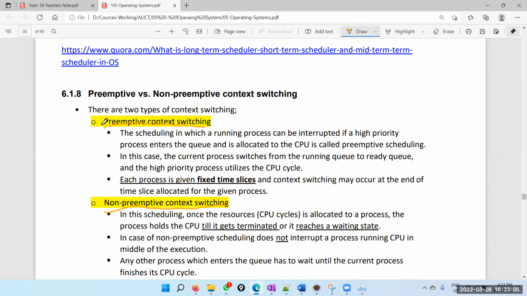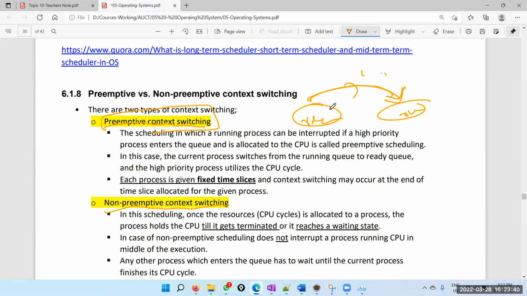Preemptive context switching means when we are sending a process from ready to running, we are only giving it a fixed time slot, say 10 nanoseconds or 10 milliseconds. Actually 10 milliseconds is way too big. Practically it is a little less than 1 millisecond. So whenever a process is taken to running, it is given a fixed time slot.